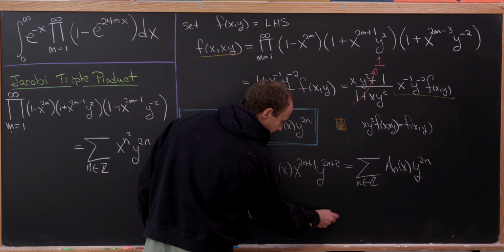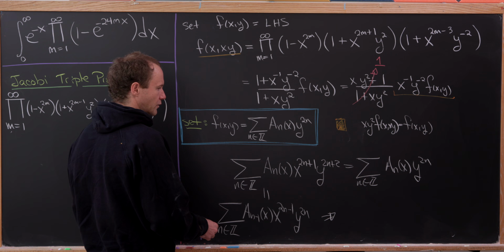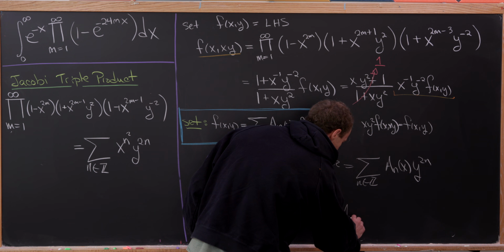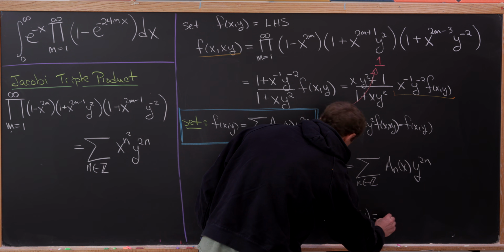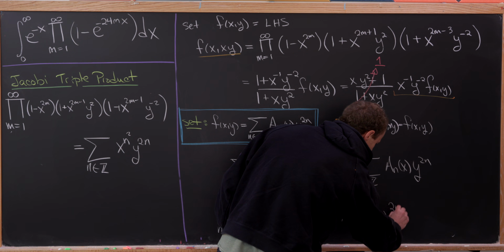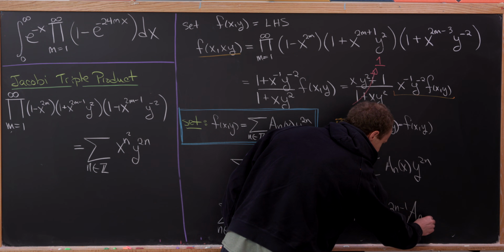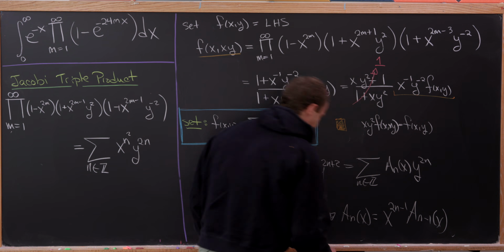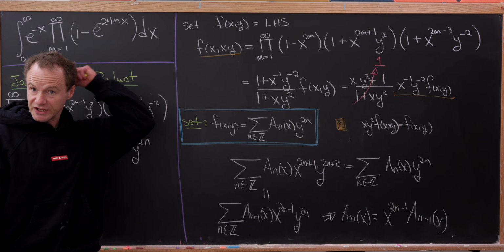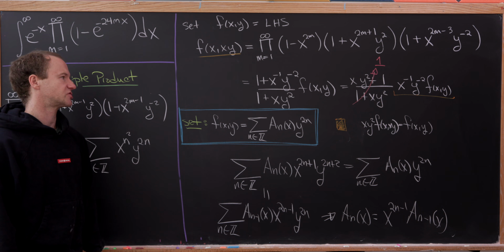But now reading this off, we see that a_n of x is equal to x to the 2n minus 1 times a_{n-1} of x. We've got this nice recursion on our a functions.